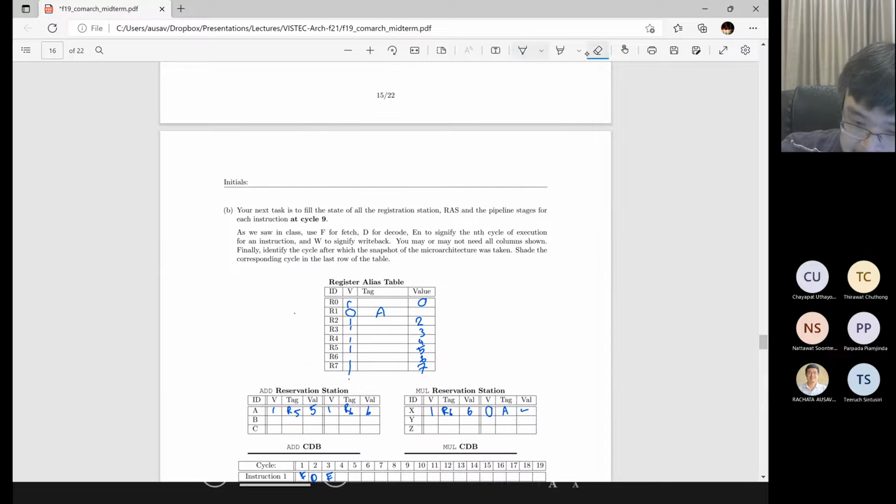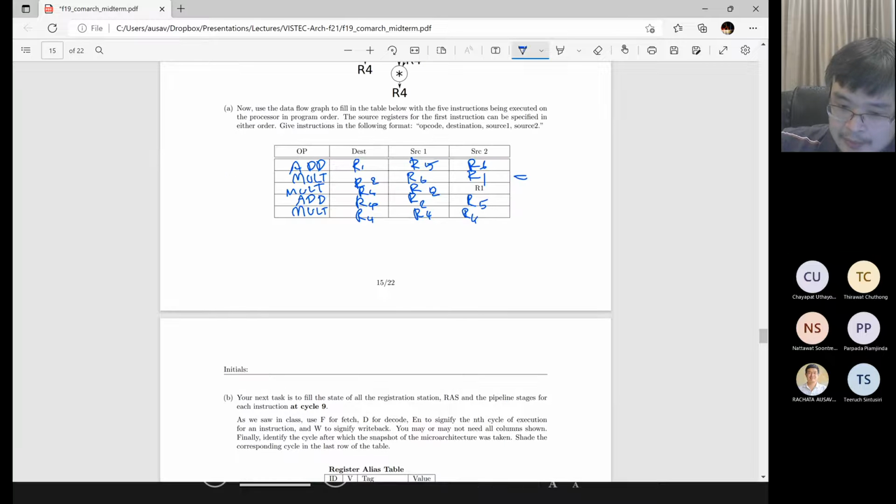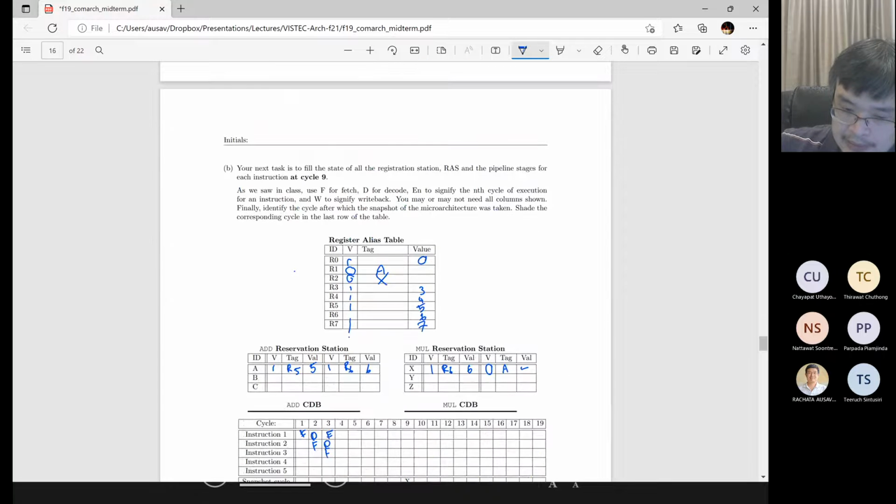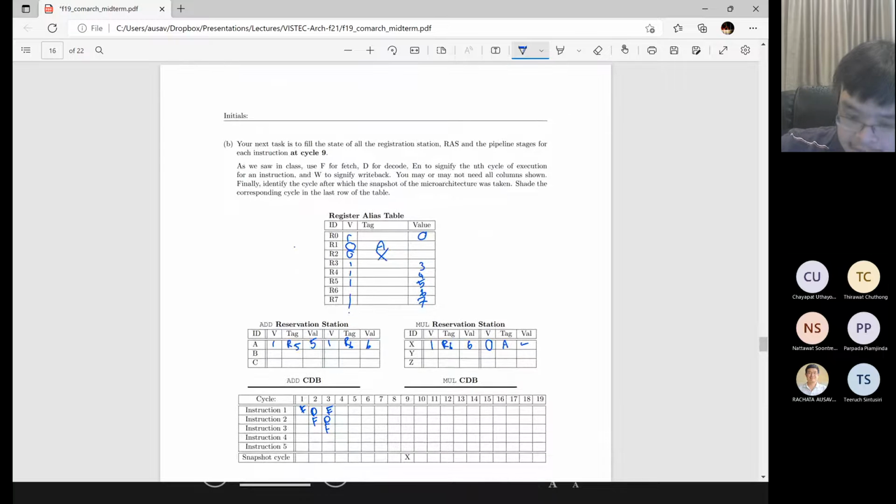So R2 over here has to be edited into invalid, and now the tag is X, because X will generate the result into R2. The second multiply wants R1 and R2. R1 is A, R2 is X. So over here, tag is A. I don't know the value, not valid. This is X. I don't know the value as well.